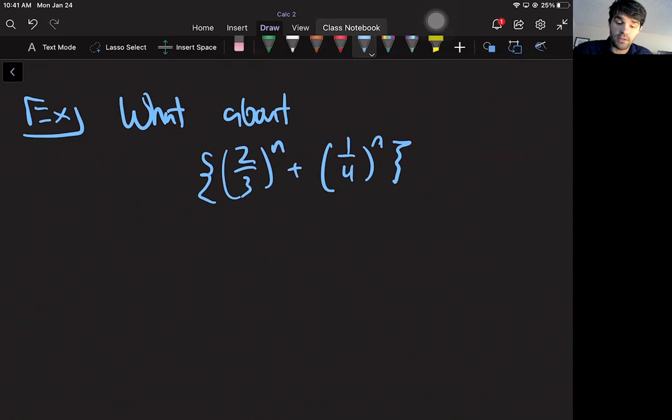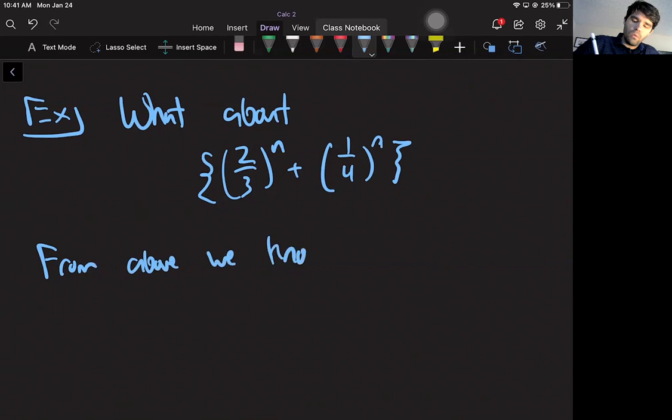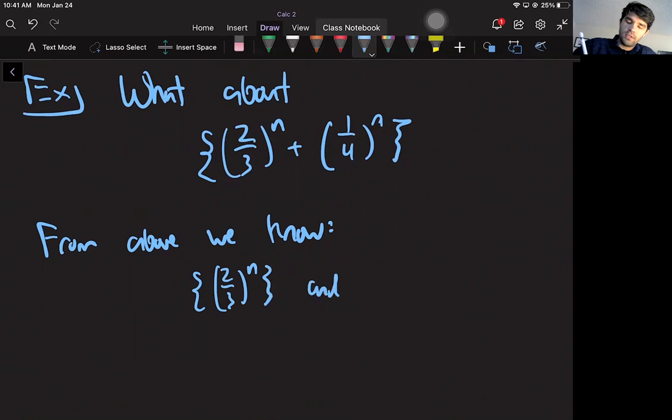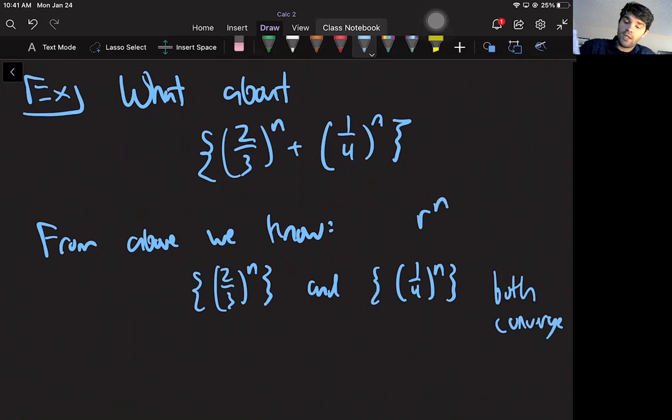So what about a sequence like this? It's (2/3)^n + (1/4)^n. So from above, we know how these sequences behave individually. If it was just this guy and just this guy independently of each other, they both would converge because they look like r^n with r between 0 and 1.